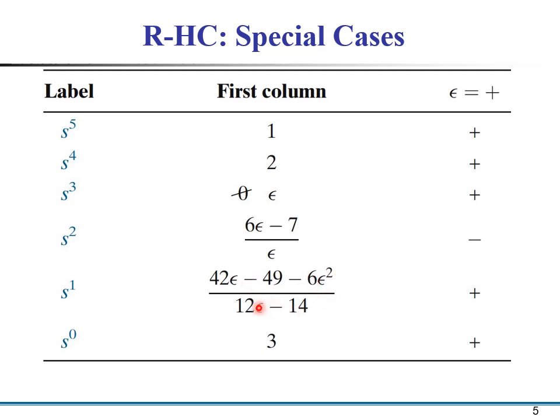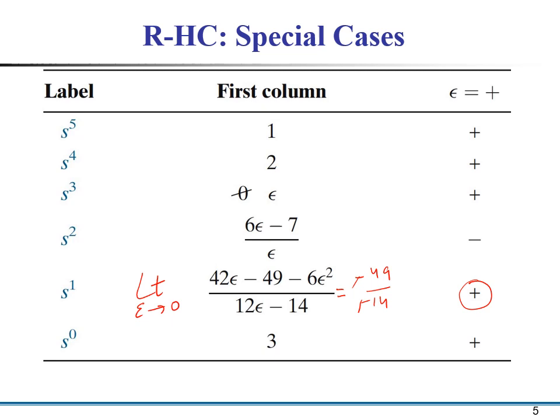If the limit epsilon tends to 0, here we will get minus 49 upon minus 14. So definitely this minus and this minus cancel, so we will get plus here. So here is a plus sign, and of course for 3 we have a plus sign.